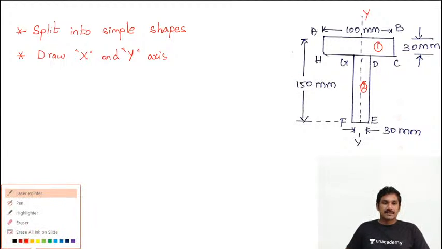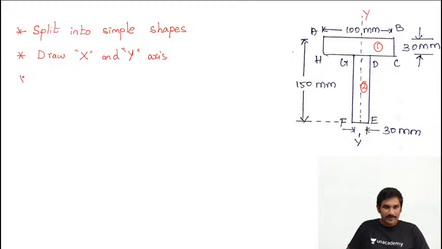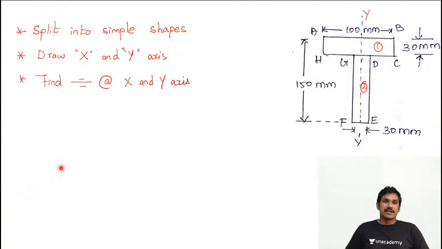So next step is find symmetry about X and Y axis, right? Find whether the component is symmetrical about X and Y axis.